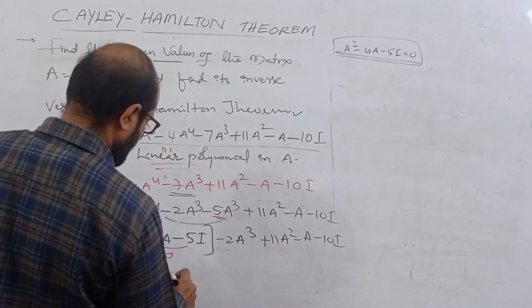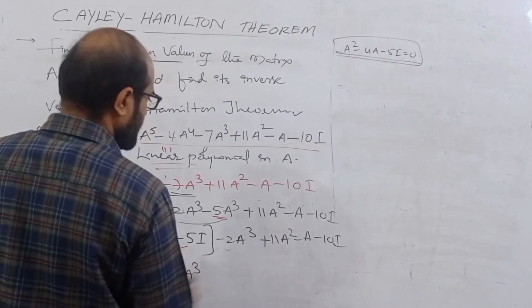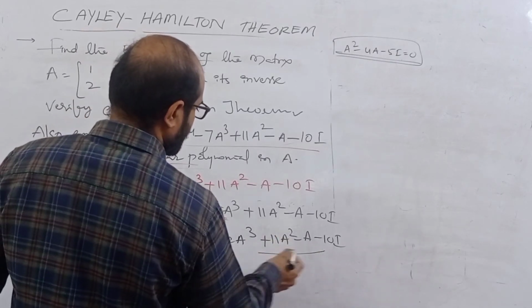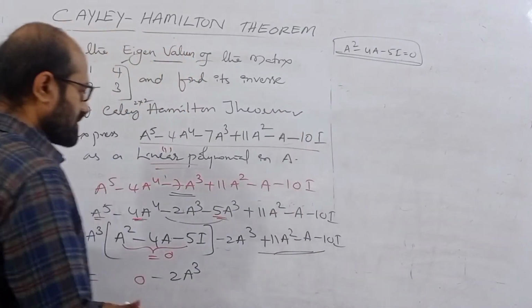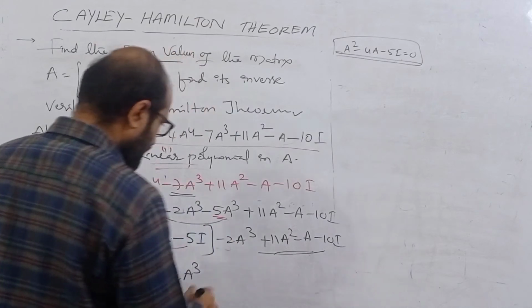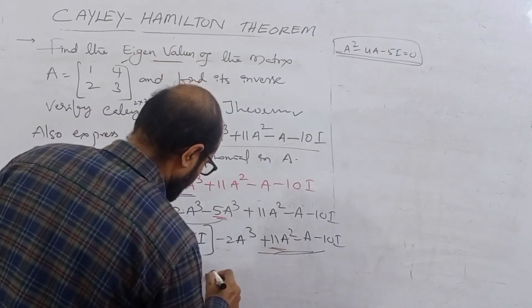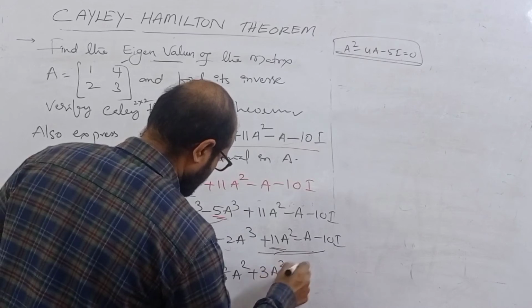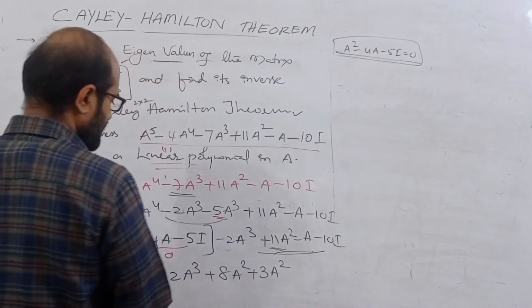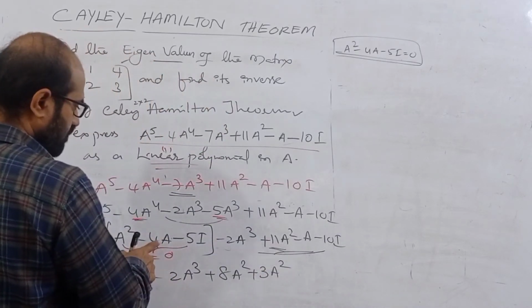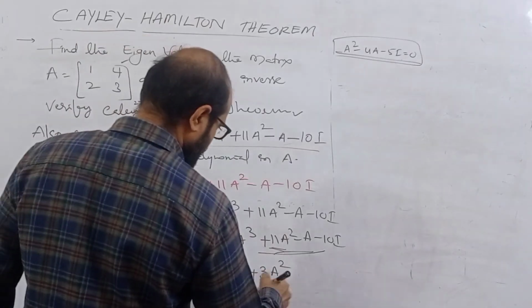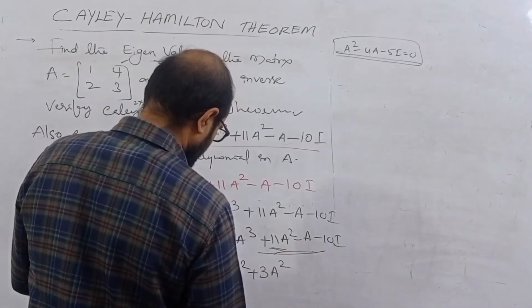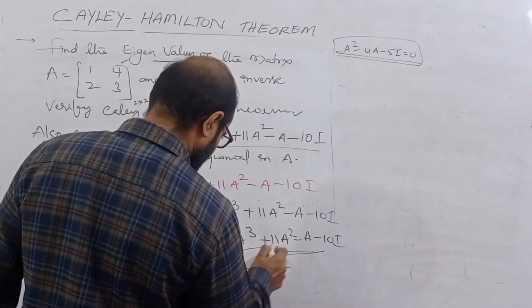Next, minus 2A cube. Again I want to bring the same equation from this. How? 11A square I can write as 8A square plus 3A square. If I take 2A common, 4 and 5 are also required.